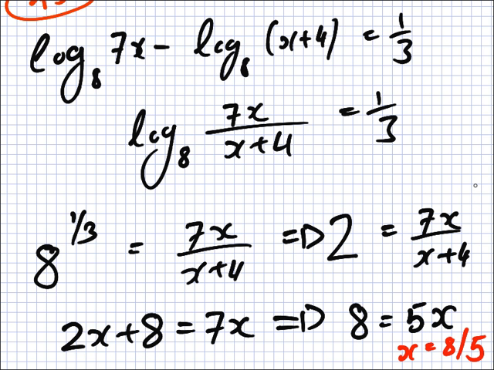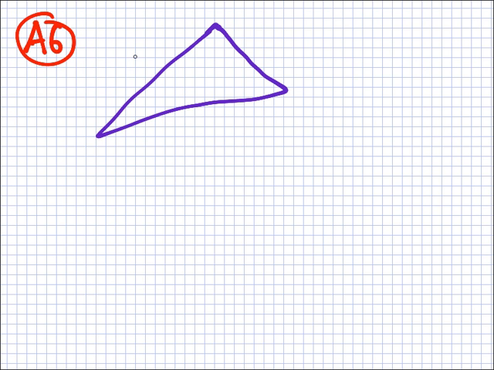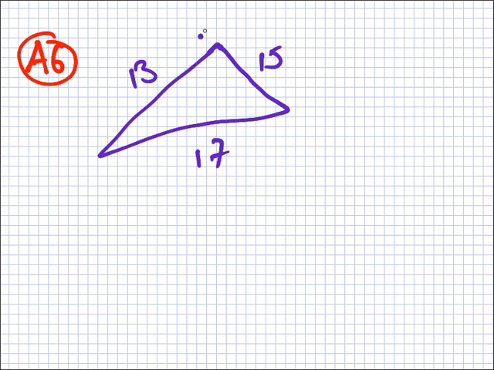The next one we're going to do is the trigonometry one. You had a triangle with 3 sides, and you had to find angle A in radians and to 3 significant figures. It was 13, 15, 17. Angle A was the angle up here. And what rule did we need here?